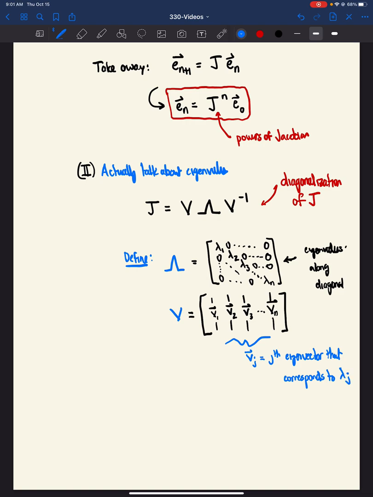Hopefully you've seen this before in a linear algebra course. We can rewrite our Jacobian matrix, and again, this is our Jacobian evaluated at a specific equilibrium value, in terms of this diagonalization on the right-hand side.